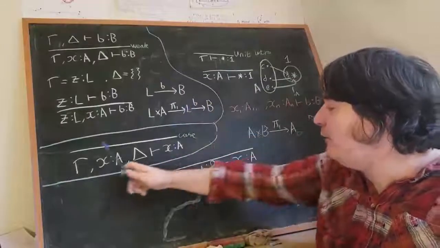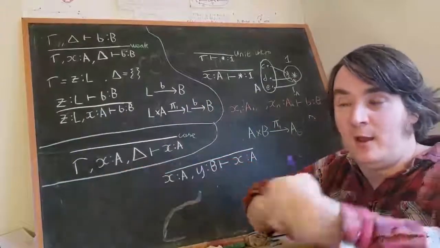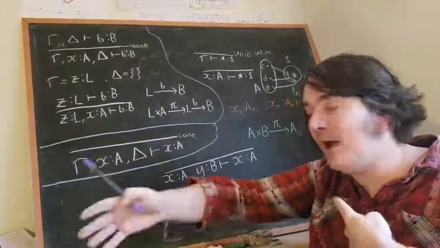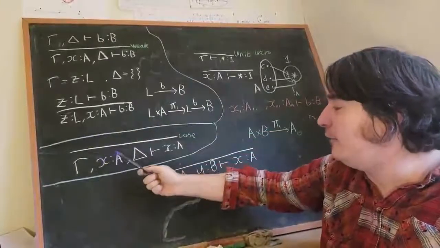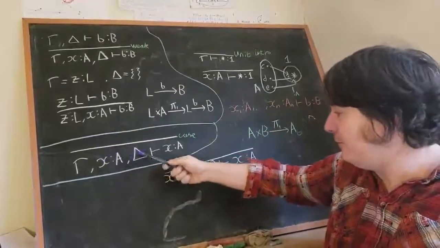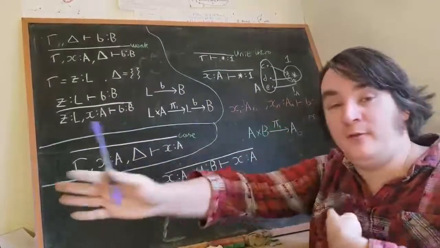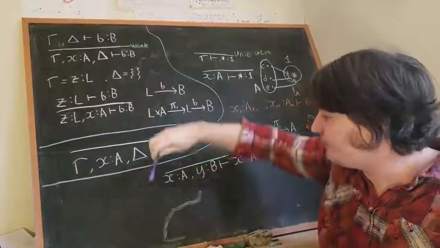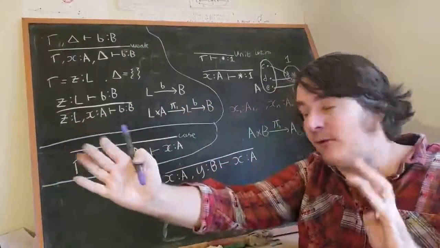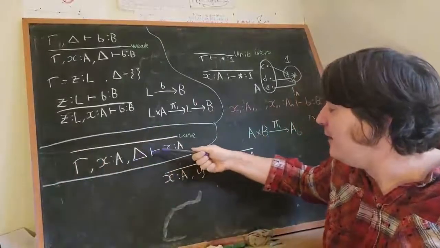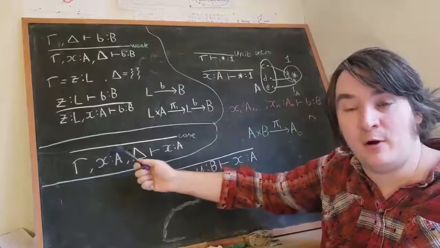Okay, so what this basically says is that if we have a context gamma, so we have a list of type declarations of variables, and then we have a declaration that this variable x is of type A, and then we have another context gamma, so this is another list of type declarations, and we join all of those things together to make a big context, then that entails that x is of type A. And it's obvious really, because that's part of our context.